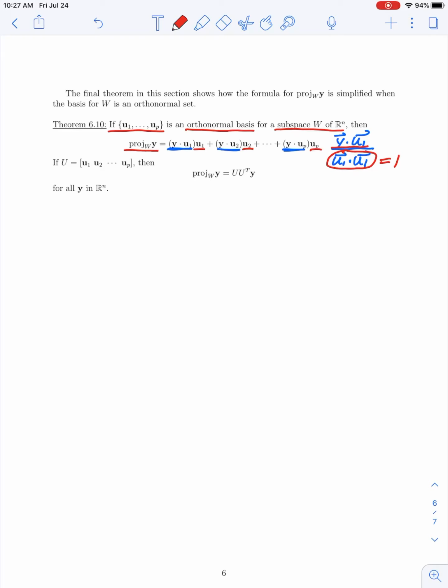And another way to express this is if we're considering the matrix U, which would have these orthonormal basis vectors as its columns, then the orthogonal projection of y onto W could be written as the product of U with U transpose times y for any vector y in Rn.